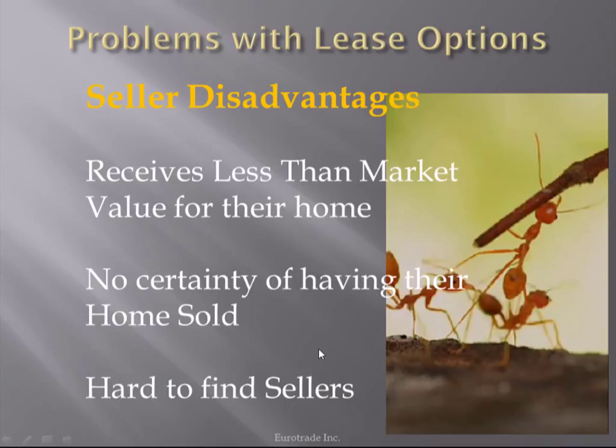There are two sorts of sellers that actually come along. There are those that really have financial distress and they need some help out, and this is where the real estate wholesaler actually can be doing a home seller a favour.